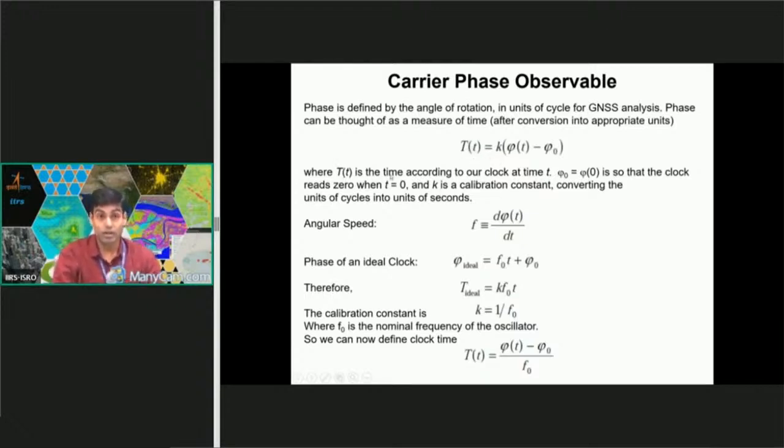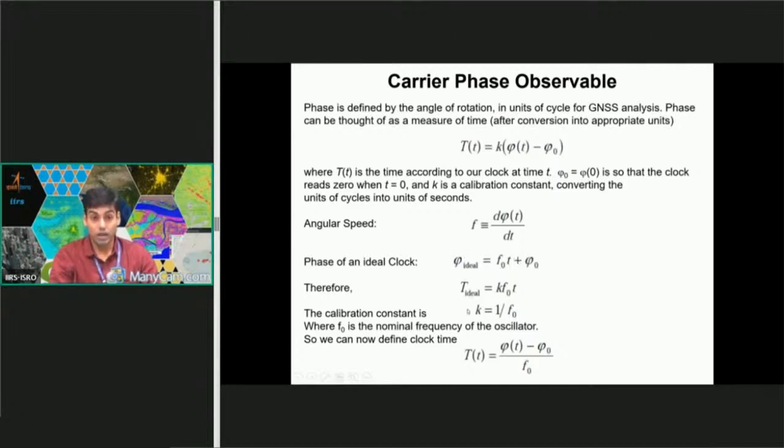We want to calculate this t because we never get the actual phase with which we want to determine the latitude, longitude, and height. So we have to subtract phi t minus phi naught, and this is the angular speed. This is the general formula of the angular speed. If there is an ideal clock, with no error at all, it will behave like this: phi ideal is f naught t plus phi naught.